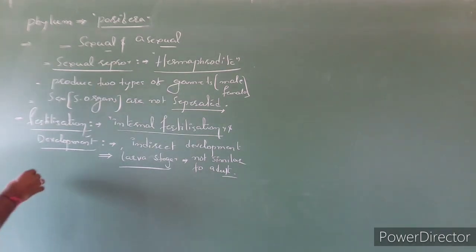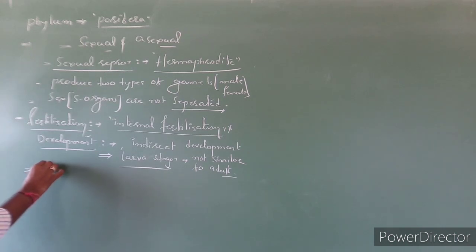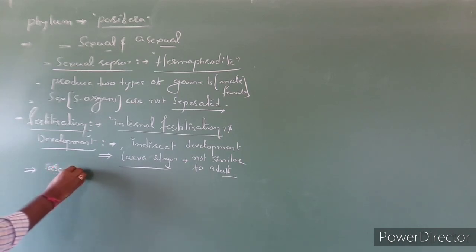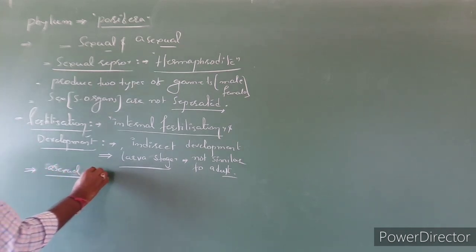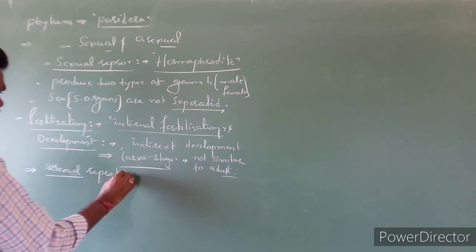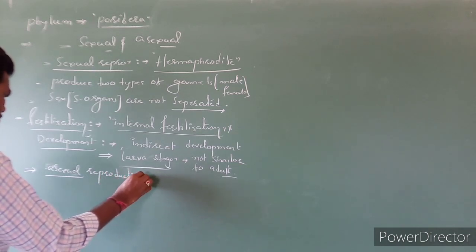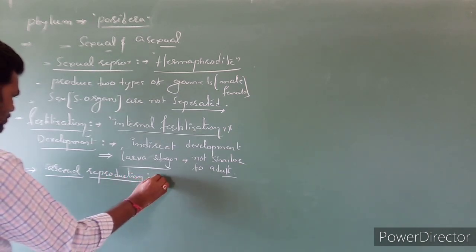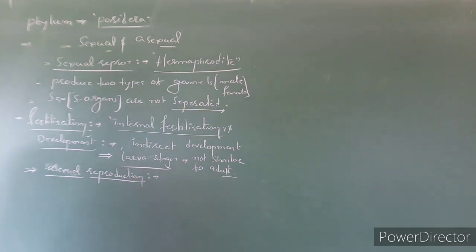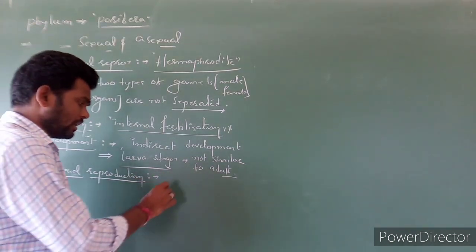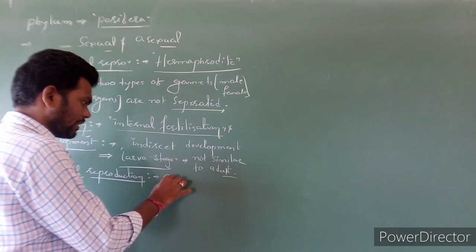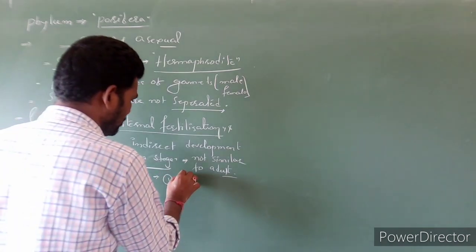So the next mode of reproduction is asexual reproduction. In asexual reproduction, generally it is by buds.